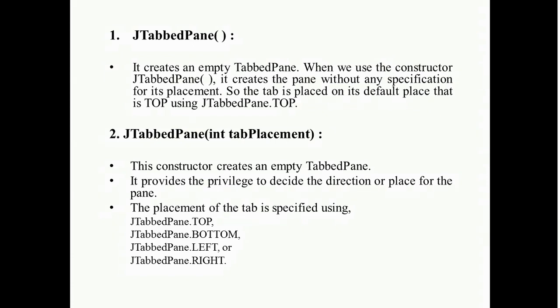These four are the placements of the pane. So the second constructor, JTabbedPane int tabPlacement, has the privilege to decide the direction or place for the pane, and the direction is top, bottom, left or right.